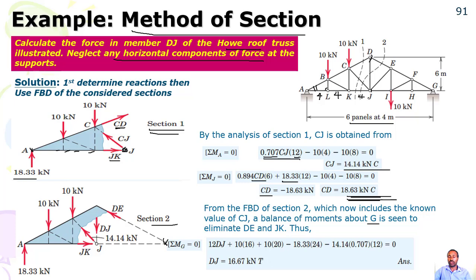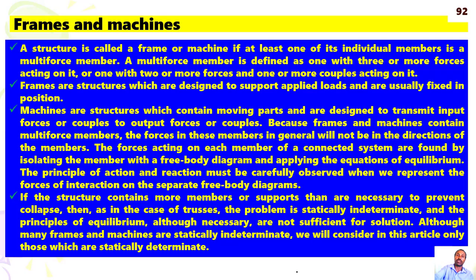You can extend, no problem. Then DE will be cancelled out, clear? And this is also cancelled out. Then we already know CJ, so we will use CJ. Then finally, we can calculate DJ. So DJ will be 16.67 kilonewton tension.